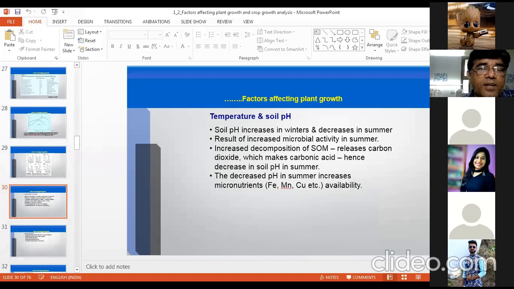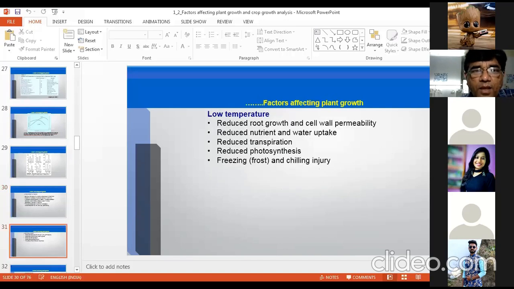Therefore, the decomposition rate of soil organic matter is high and it releases carbon dioxide, which makes carbonic acid, which releases hydrogen ions and lowers the pH. Lower pH will increase the availability of iron, manganese, and copper. So temperature has an influence on soil pH.